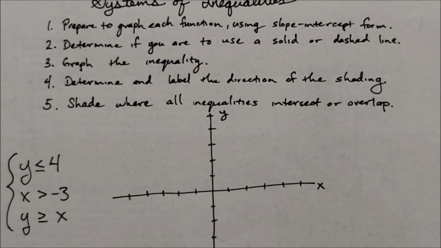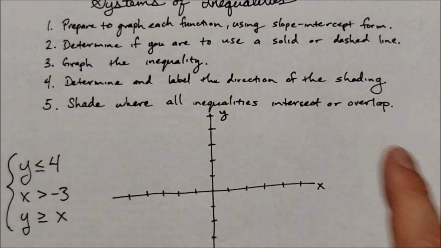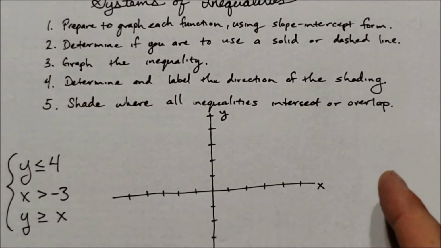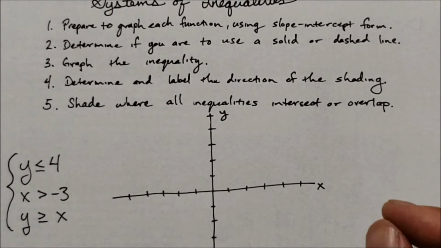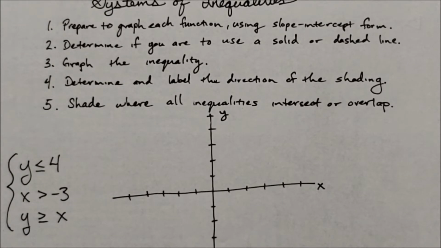Let's go ahead and graph some of these. First off, prepare to graph them using slope-intercept form, and then determine if you are to use a solid or dashed line. After you determine those two things, then finally graph the inequality. Then you can label the direction of the shading, and the final shading is where all the inequalities overlap, or the intersection of each one of these sets.